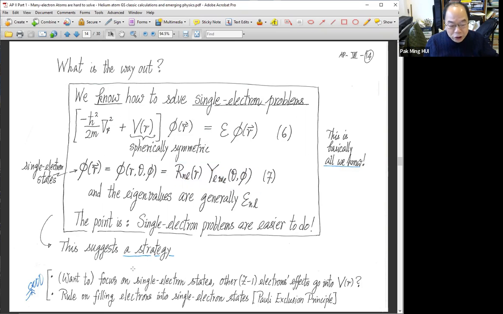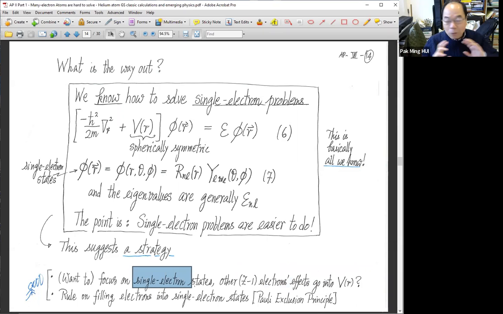We want to reduce the problem into single electron problems. When we focus on one electron, there are Z-1 electrons remaining. Can we possibly include their effects into an effective potential energy function that the single electron feels?